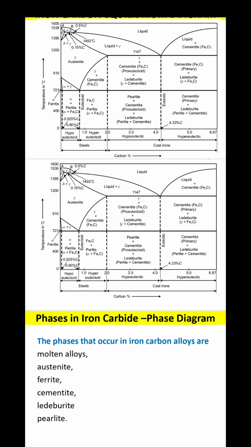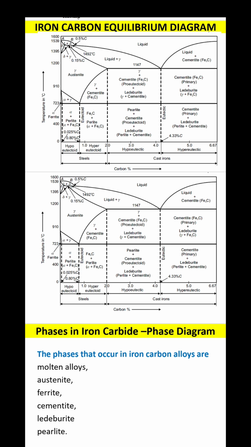During cooling the solid is transformed into two separate solids. At 0.8 percentage of carbon at a temperature of 723 degrees Celsius, that reaction is called the eutectoid reaction. Another reaction takes place at 4.33 percentage of carbon at a temperature of 1147 degrees Celsius.